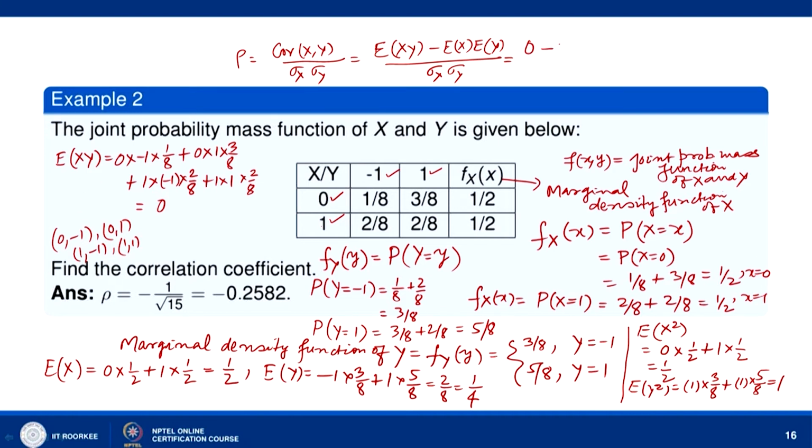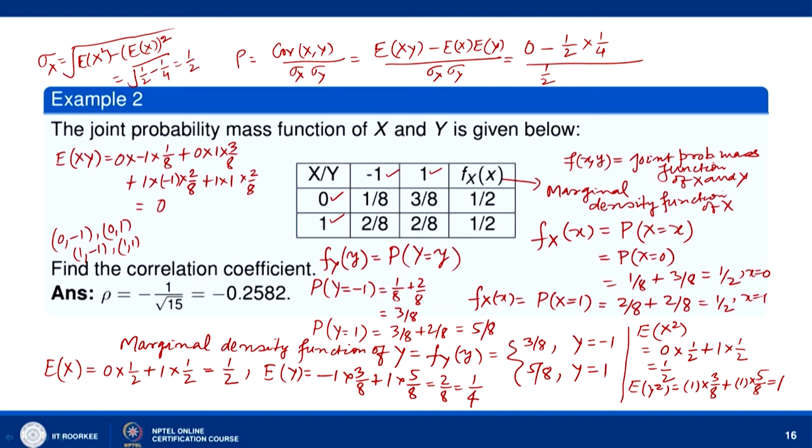So 0 minus expectation of x, which is half, times expectation of y, which is 1 by 4, divided by sigma x, which is the square root of E x square minus E x whole square. Expectation of x square we found is equal to half, minus expectation of x squared, 1 by 2 square means 1 by 4. So this is 1 by 4, and the square root of 1 by 4 is 1 by 2. So we get 1 by 2 here.